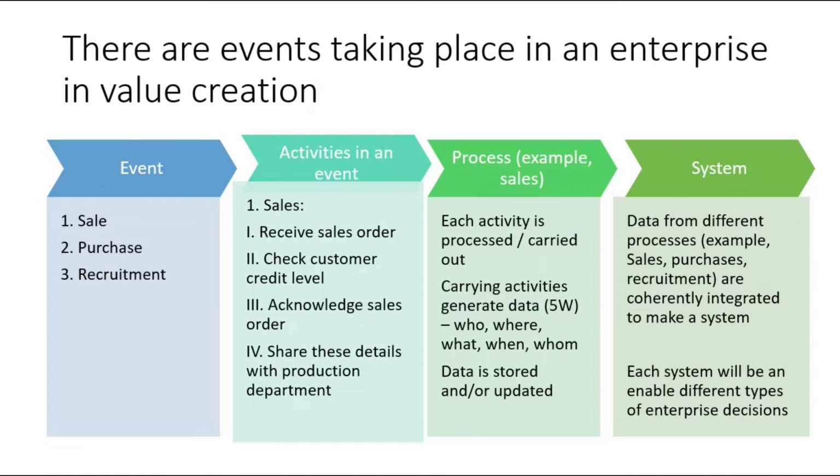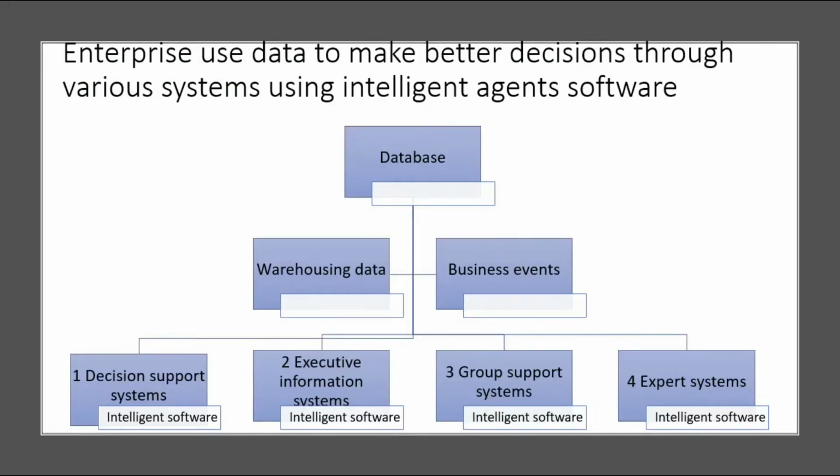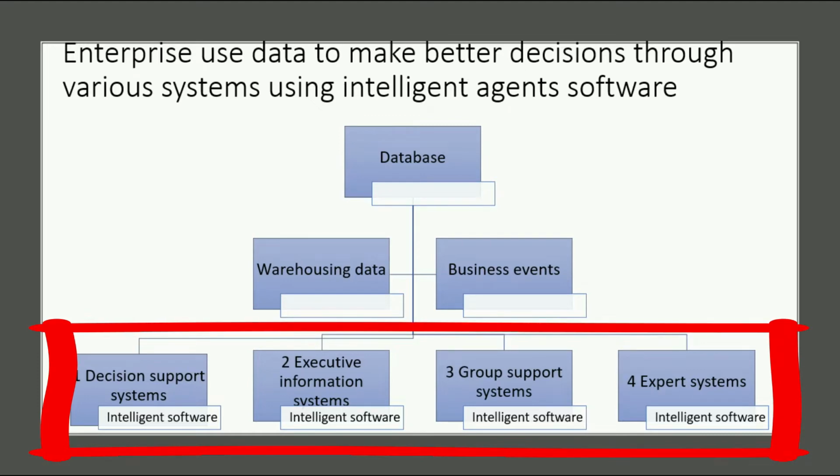Each system will enable different types of enterprise decisions. So if you look at an enterprise data, it allows us to make better decisions. There are various systems using different intelligent agent software.